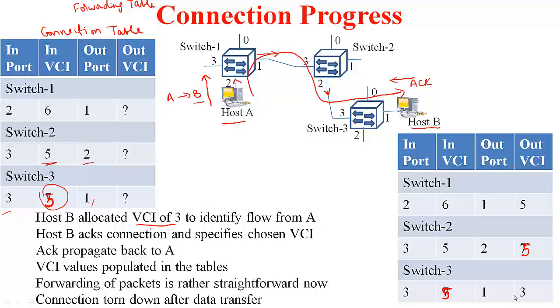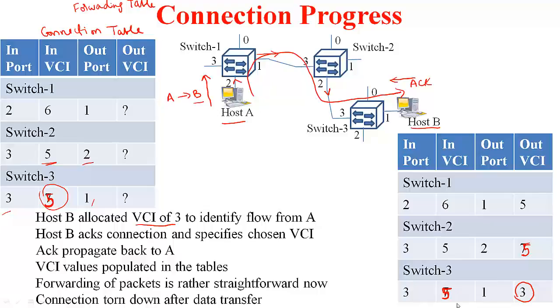Thereby switch 3 is going to fill the out VCI here based on 3. In other words, B is telling switch 3 that if you want to send me packets from host A, use an identifier 3. That is how I identify the connection from A. So that's why it puts out VCI as 3.